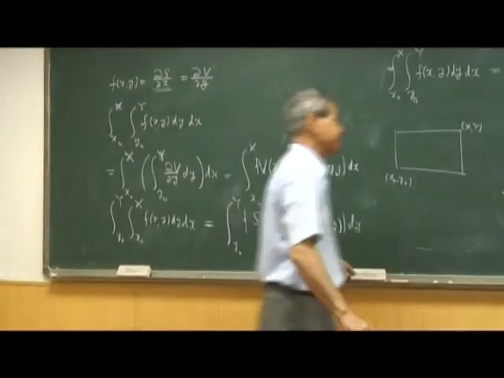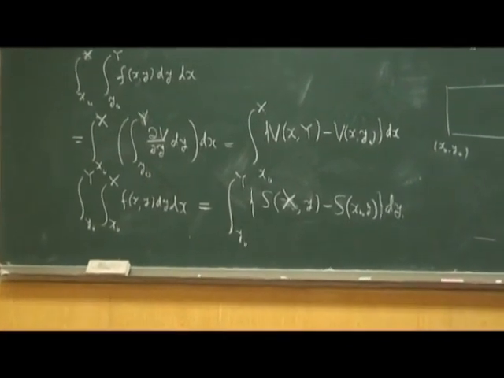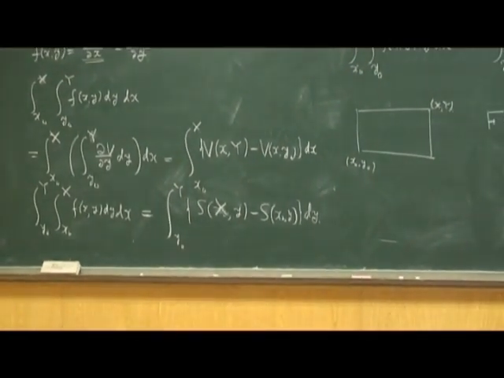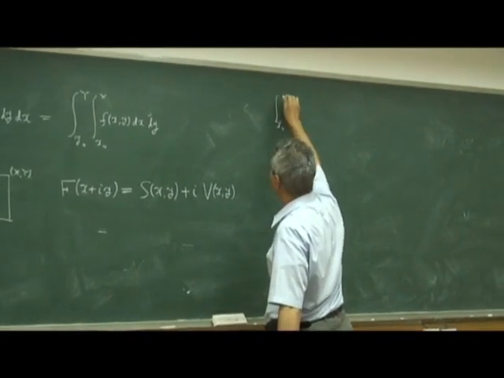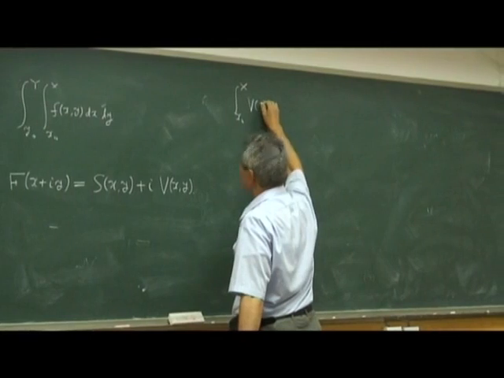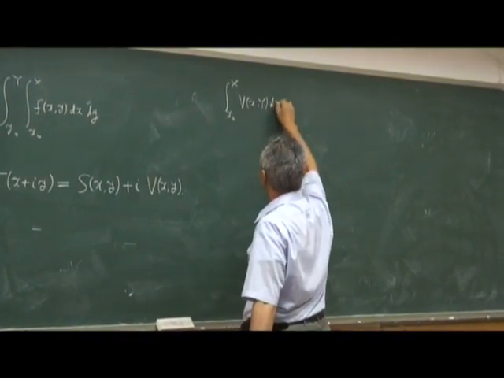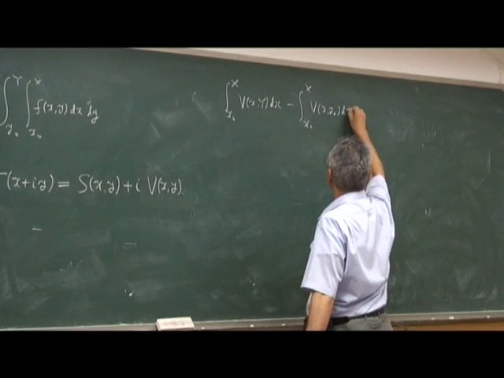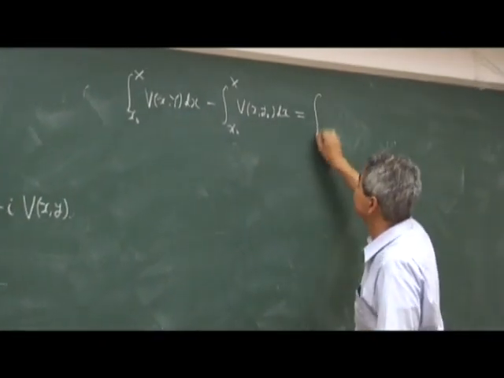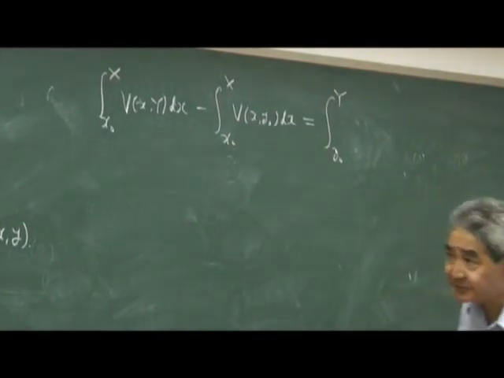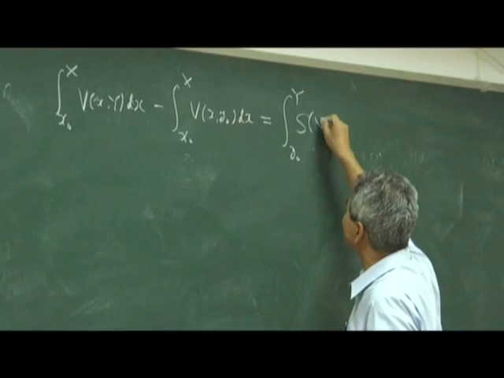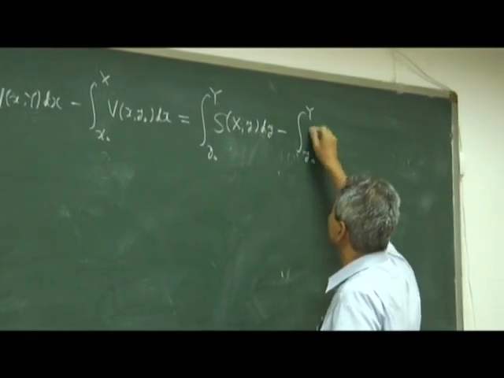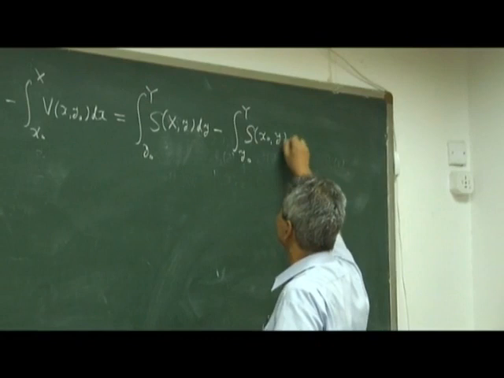We get the integral from x0 to x of v(x,y) dx minus the integral from x0 to x of v(x,y0) dx equal to the integral from y0 to y of u(x,y) dy minus the integral from y0 to y of u(x0,y) dy.